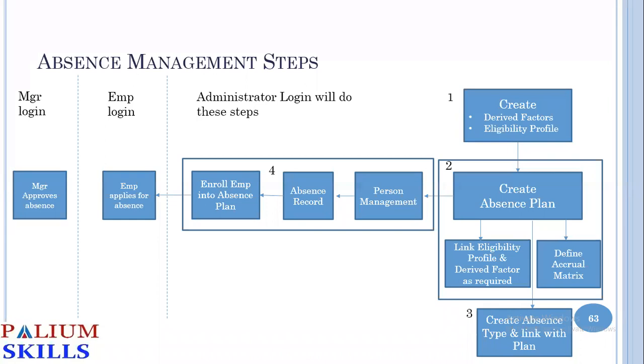It is calculated based on the date of joining of the person, right? So that derived factor is something that you will define in the system, and you will link to your absence plan to say such and such person is eligible for the particular plan, or we give him the particular plan.